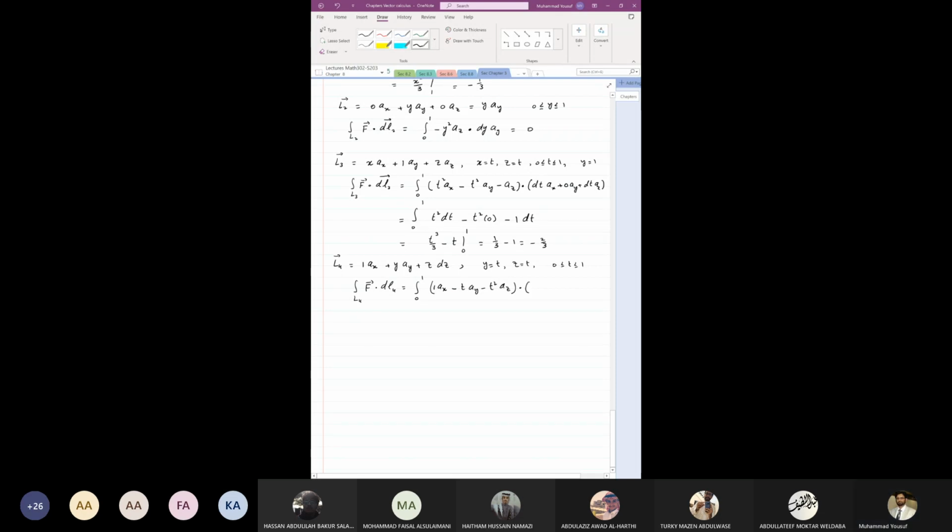dot dl4. First is 0 ax plus y is equal to t, so dy is equal to dt ay plus dt az.